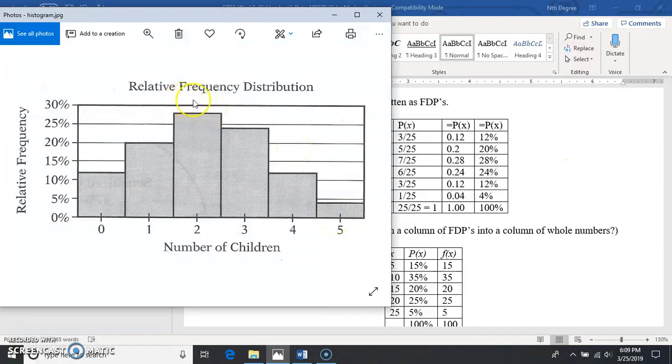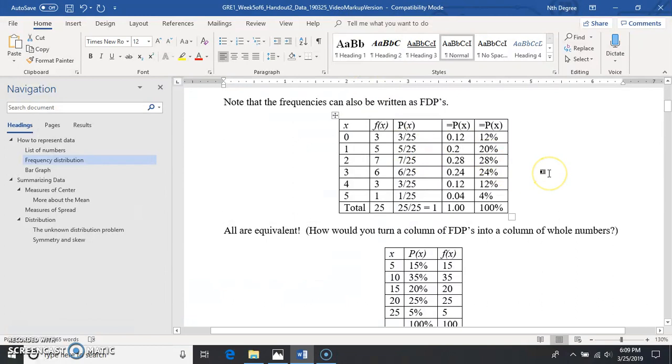Okay, so when we do that, we get a nice visual. It's always nice to have a visual to look at. This visual has a shape to it, and it's really going to be very helpful in a lot of the problems that we do later on. List of numbers, frequency distribution, bar graph. They're all the same thing.